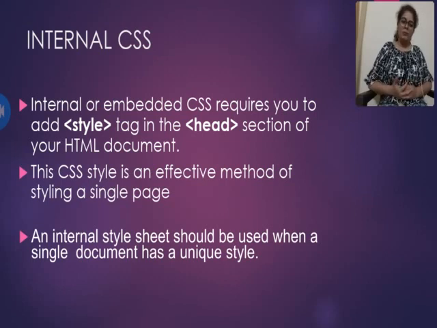When we have to apply the design to the entire web page, in that case we use internal CSS. Internal CSS is used to style the entire or single web page at one time.